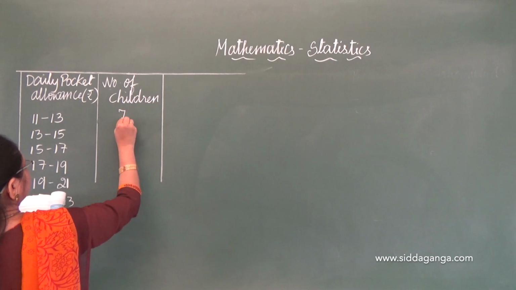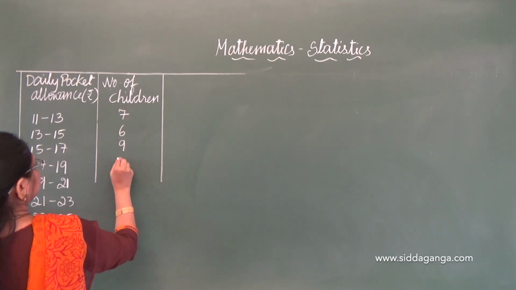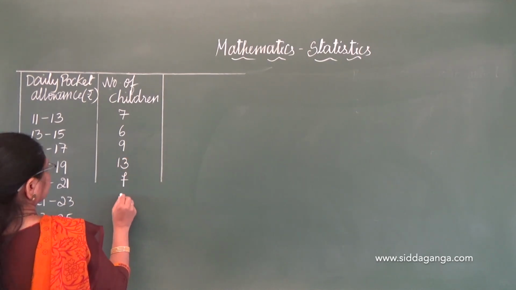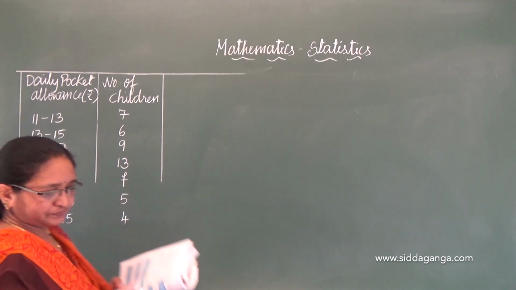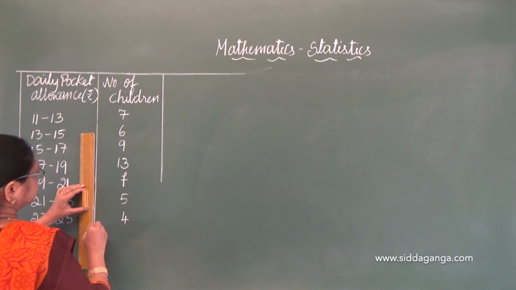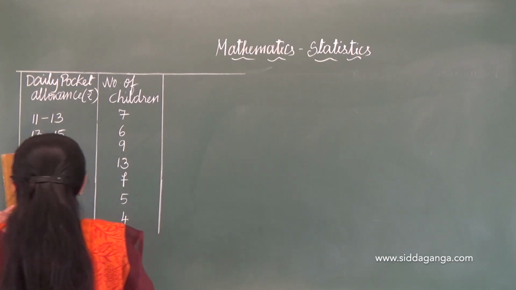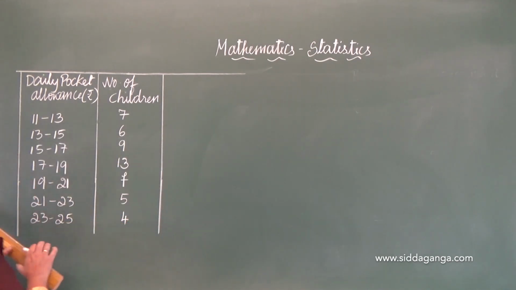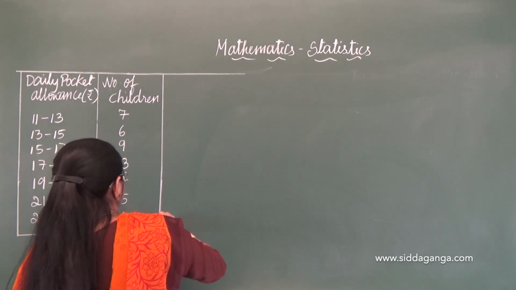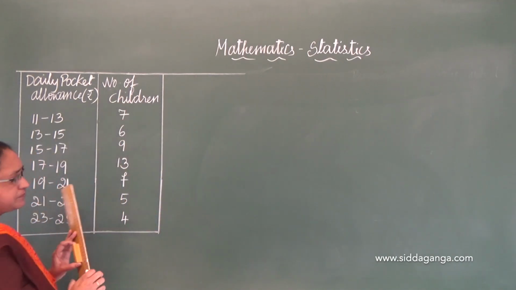Number of children: 7, 6, 9, 13, F, 5 and 4. So this is Fi here.